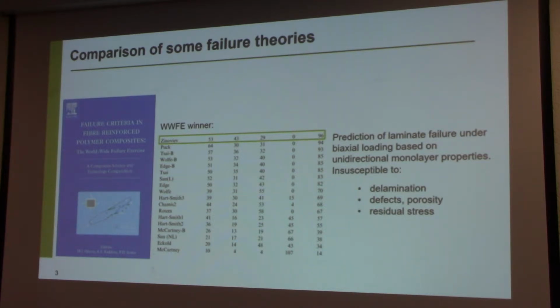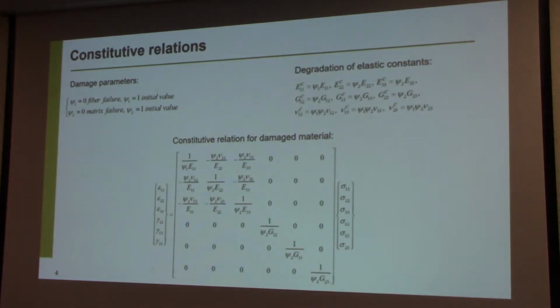This is a list of ranking of provided theories, and we were encouraged by the winner. This is Zinoviev theory. It was modified to reduce damage parameters, so we use only two.